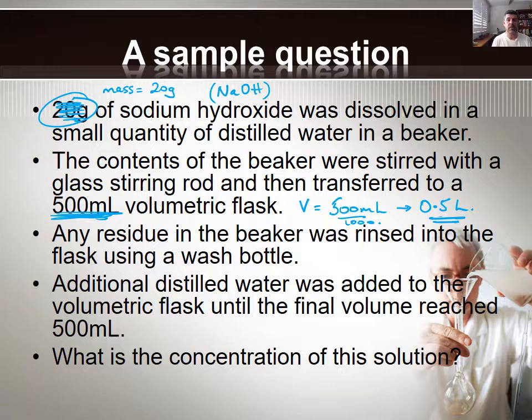Any residue in the beaker was rinsed into the flask using a wash bottle. Now this is telling us that all of that mass has been transferred from the beaker to the volumetric flask, so that we're not losing some of this mass. If some of that remains in the beaker and doesn't get transferred to the volumetric flask, then we won't have the full number of moles that we're hoping to calculate. Additional distilled water was added to the volumetric flask until the final volume reached, which was 500 mL. What is the concentration of this solution?